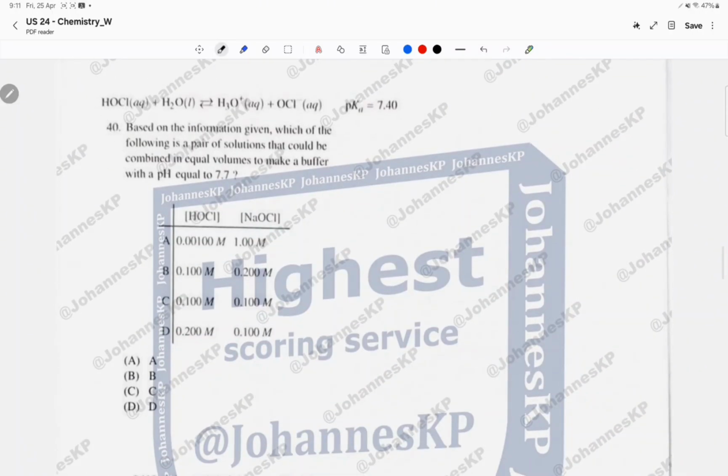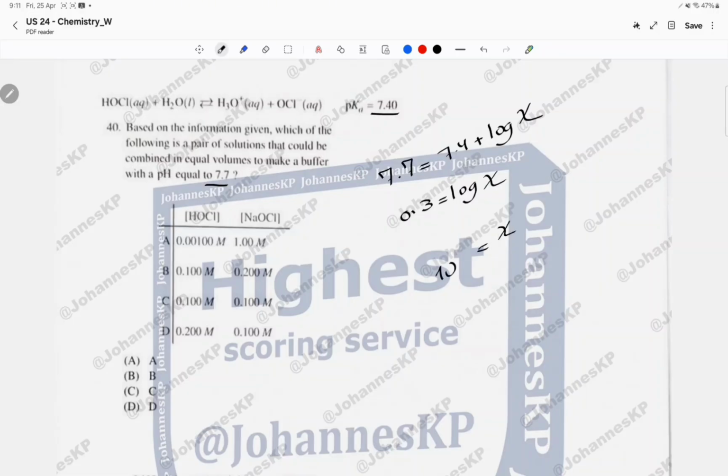Question 40. You want a buffer. Look, so the pKa is 7.40. You're looking for 7.7 pH. So 7.7, which is the pH, is equal to pKa plus log of X, which is the conjugate base over the weak acid. So 0.3 is equal to log of X. Now the base of a log is 10.